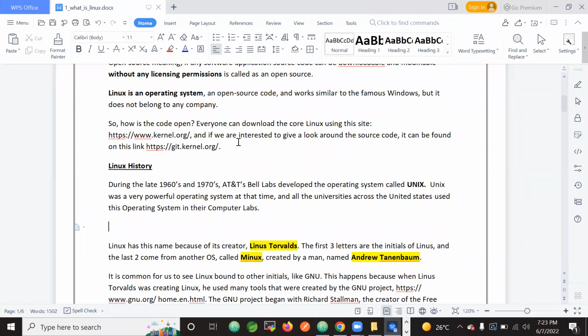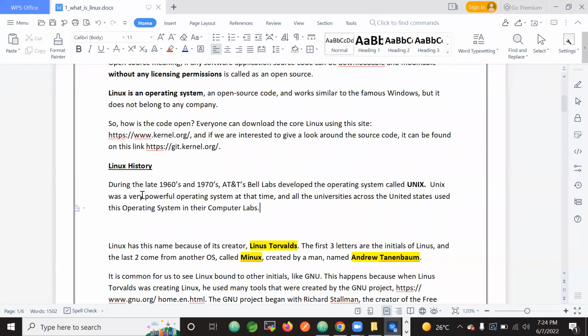So during the late 1960s and 1970s, AT&T's Bell Labs developed the operating system. AT&T is the largest telecom company in the United States. This telecom company has a laboratory called Bell Laboratories, and in that laboratory they developed the operating system called Unix.